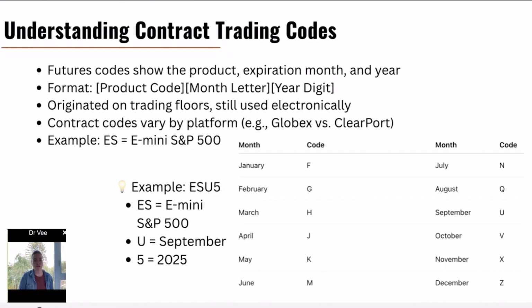And you want to make sure that you settle your position before the contract expires. So if you see something like ESU5, you now know it's the September 2025 E-mini S&P contract. These general rules apply to the format of futures contract codes, but it's important to be aware that codes and available expirations can vary across platforms, okay? You need to be aware of that.